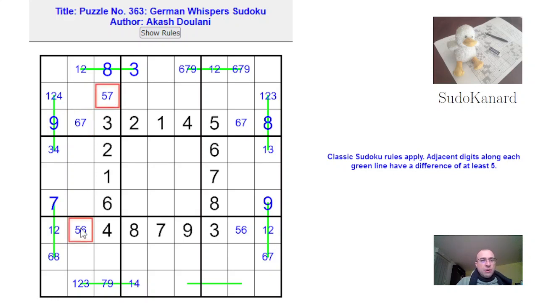So I know that one of those two cells is a 5, and therefore this cell here can't be a 5. So the only place for a 5 on this column is finally here. And this is 7 or 9. And then by the rules of Sudoku, I get a 5 in here.